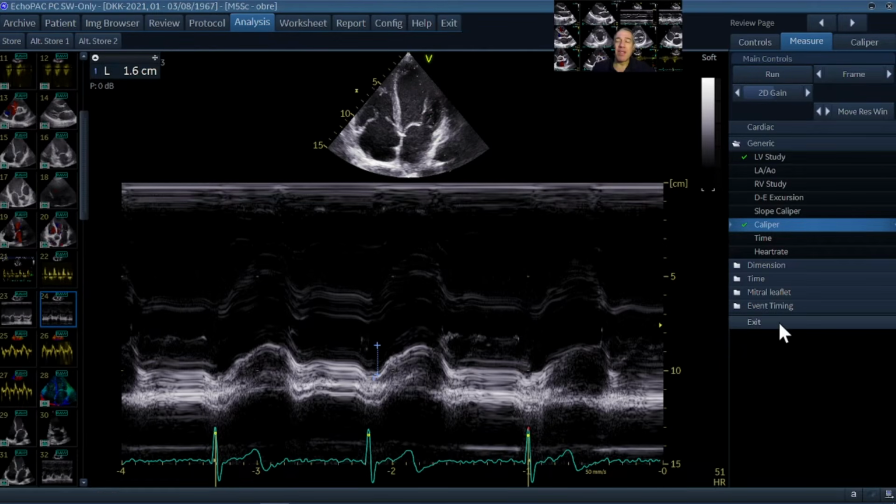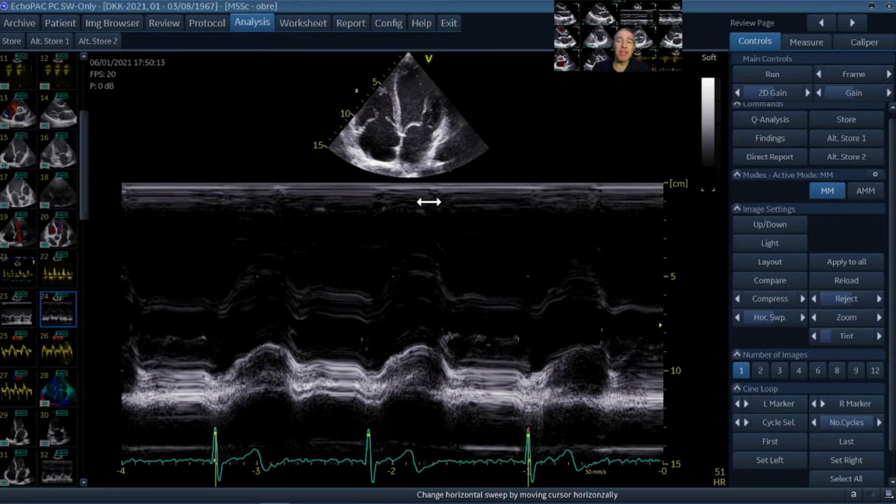So this is the measurement of MAPSE. Most of you know this apical measurement for the right ventricle, the tricuspid annular plane systolic excursion, the TAPSE value, which is frequently used for the right ventricle in the presence of pulmonary hypertension or suspected pulmonary embolism.